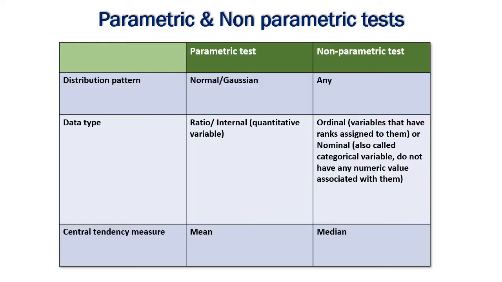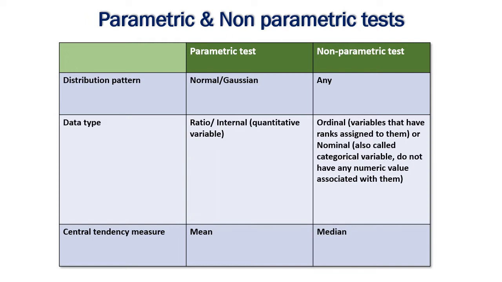So returning to our table of differences, the second type of difference relies on the data type that we're dealing with. While a parametric test works best with quantitative variables, which can either be in the form of ratio or interval, so these are numerical values and quantitative in nature, a non-parametric test works best with ordinal variables.